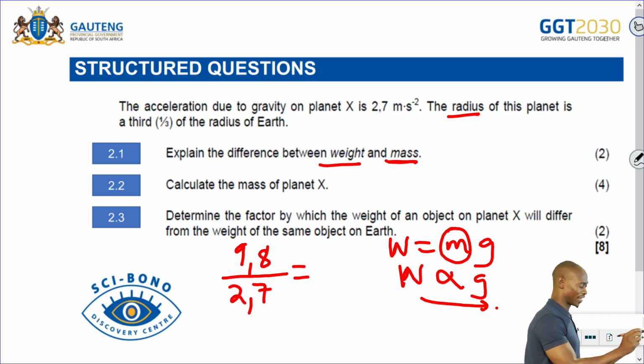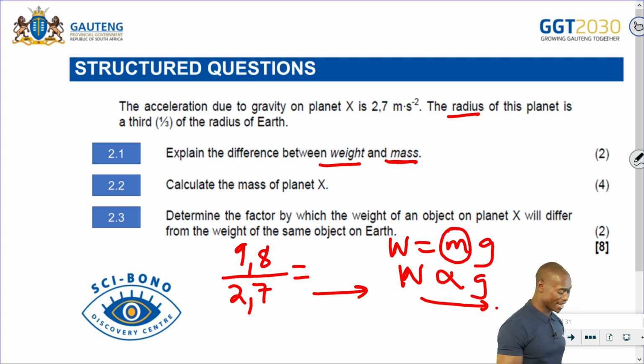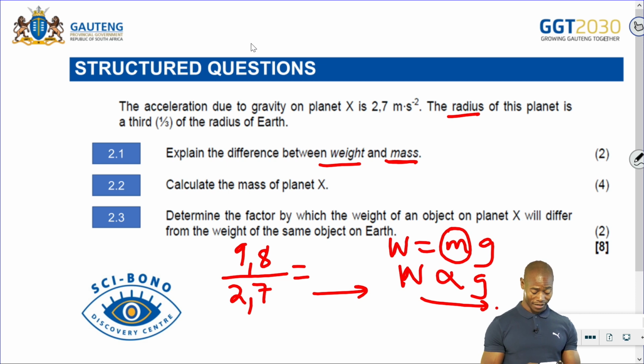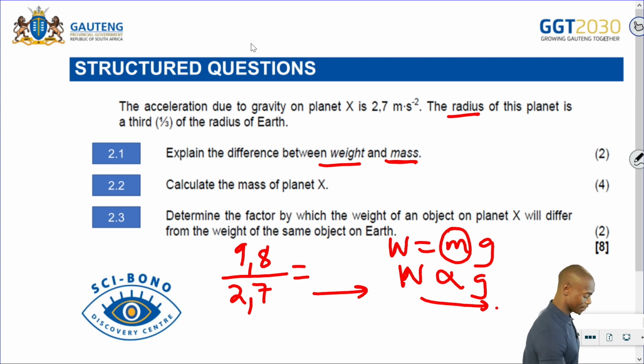So we need that factor. What is 9.8 divided by 2.7? It will change by a factor of 3.63.